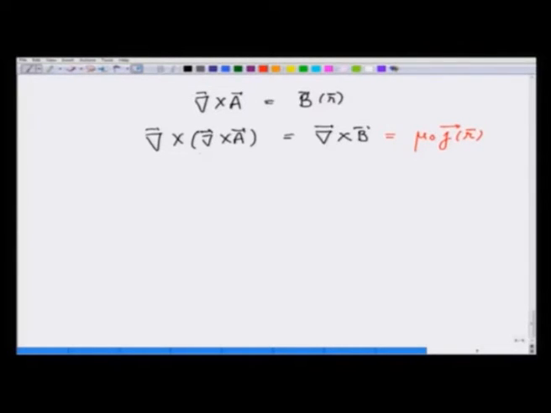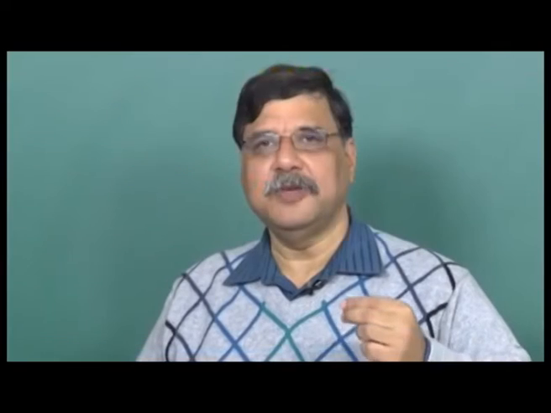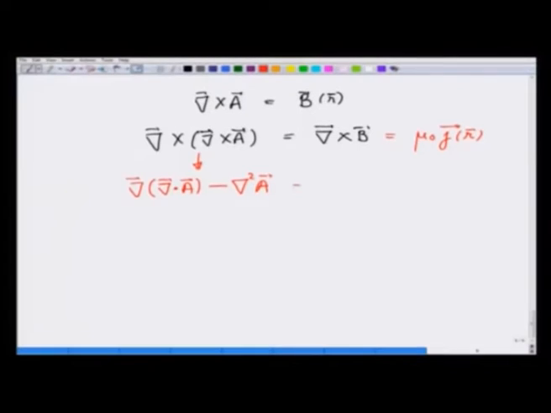And the left hand side I know from vector identity is nothing but gradient of divergence of A minus Laplacian of vector A. By taking Laplacian of vector A, one means that you are taking Laplacian of each component of A, and this is equal to mu naught J(r).